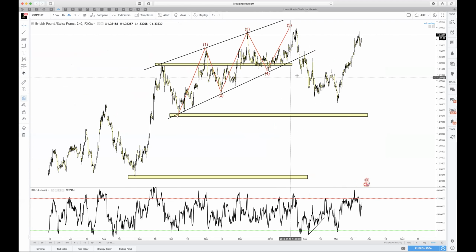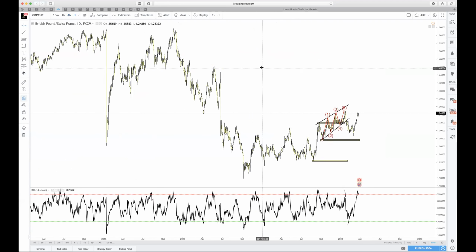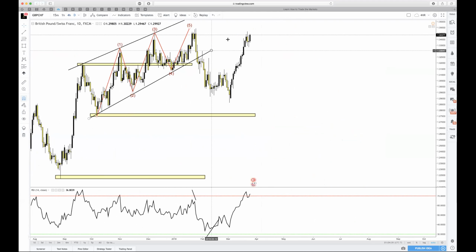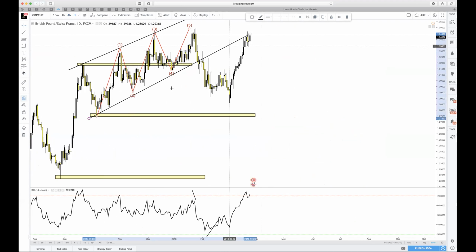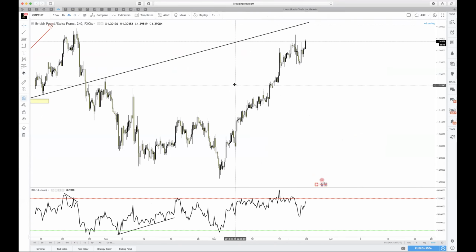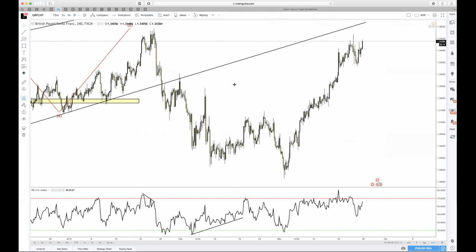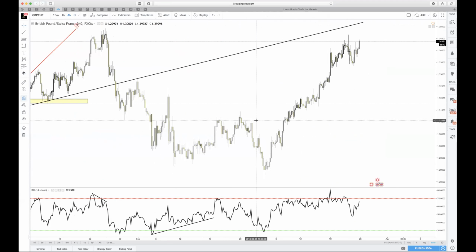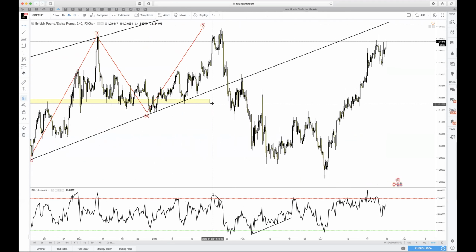What are you doing here? On a daily time frame, you got nothing except the resistance, except that trend line. What do you call that? Trend line retest. Right about here. But on a smaller time frame, do we see anything?